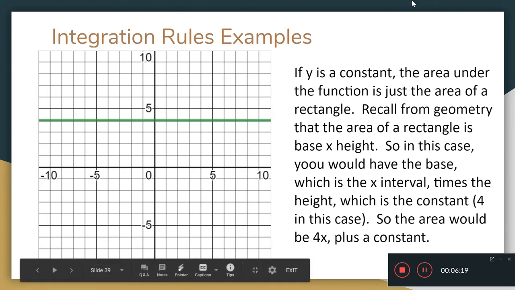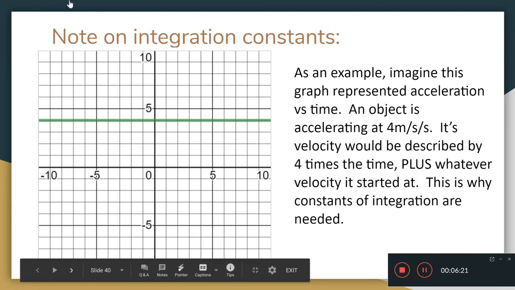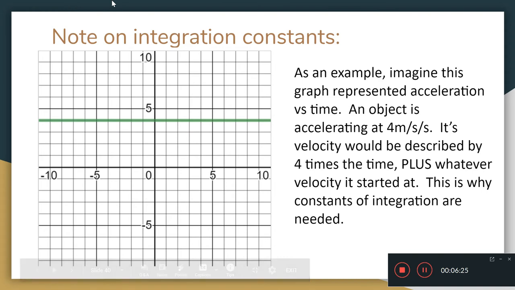All right, now, why do we need the constant? Well, imagine this graph represents the acceleration of an object versus time. Imagine it's accelerating at 4 meters per second every second, and we want to know the velocity of that object.